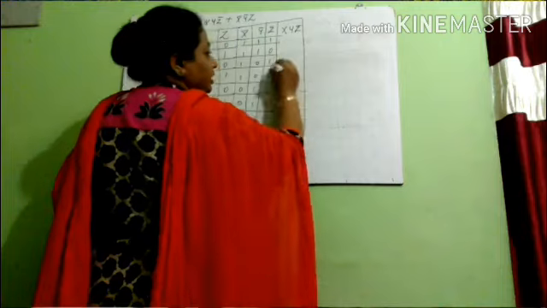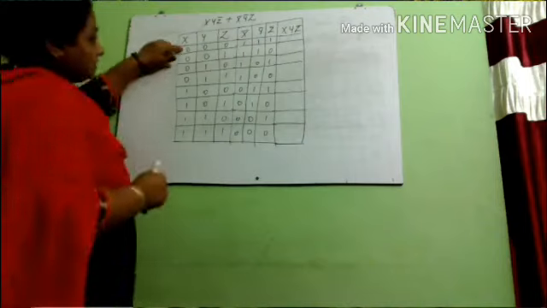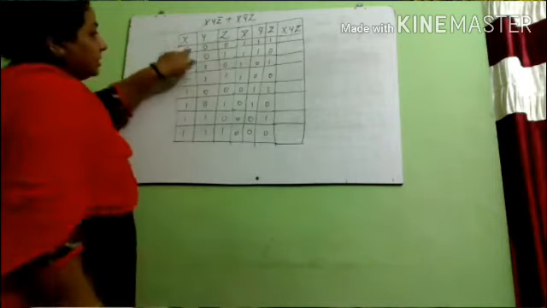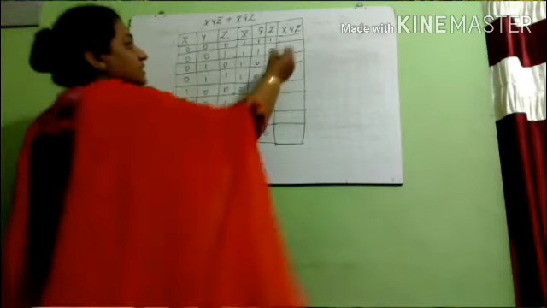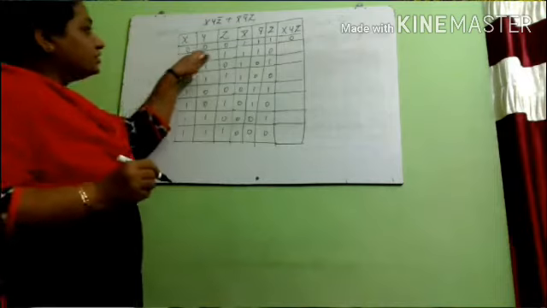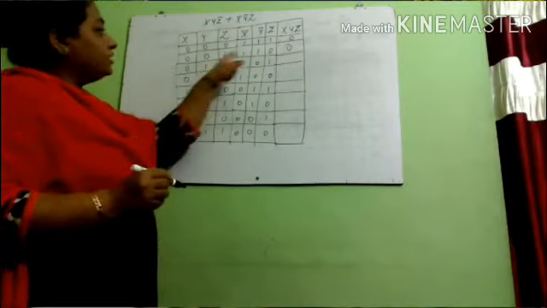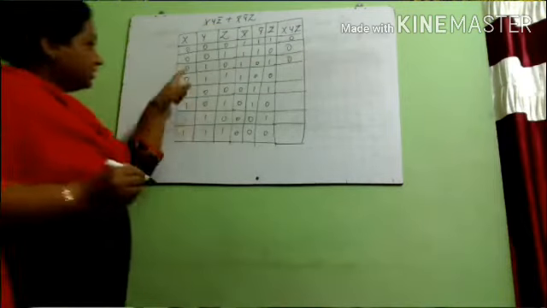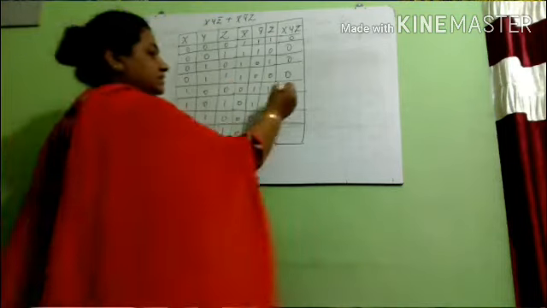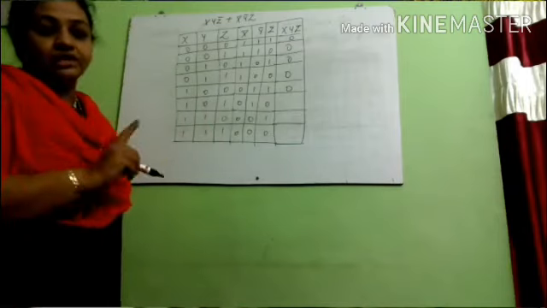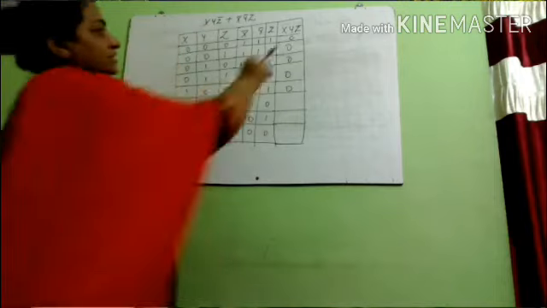Now, the next step is we need to represent each expression as a column in the truth table. Let us take the first column, where we have x, y and z bar. So we need to AND x, y and z bar. Here we have x, y and z bar: 0, 0, 1.